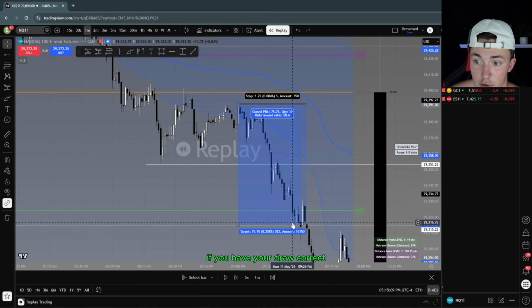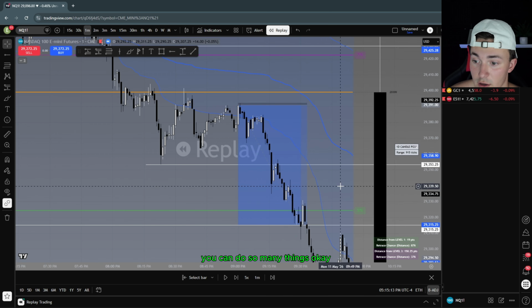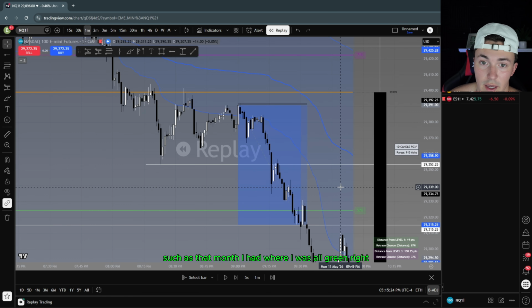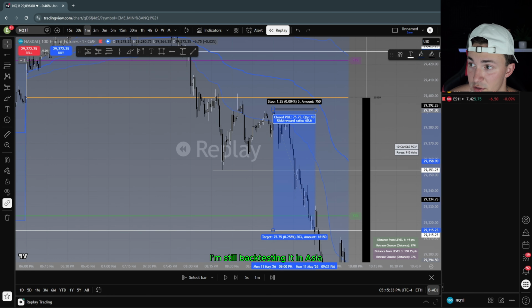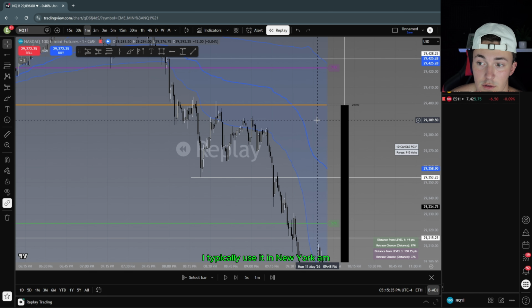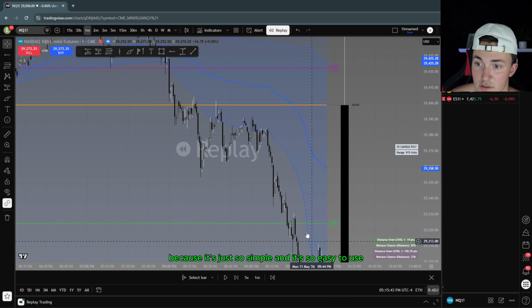If you have your draw correct, which is what initial balance helps with, you can do so many things, okay? You can get sniper entries, you can get your draw correct every time, such as that month I had where I was all green, right? But the power of this tool is insane. I'm still backtesting it in Asia. I typically use it in New York AM, but it is still a crazy tool that I use often in my trading because it's just so simple and so easy to use.